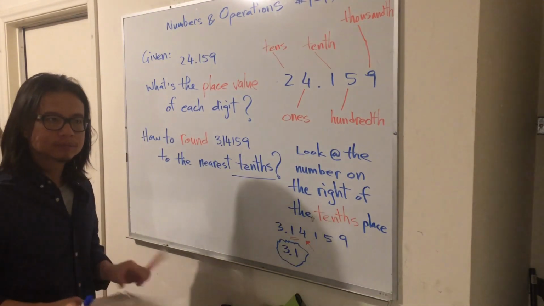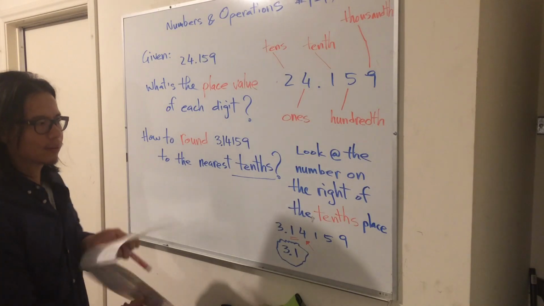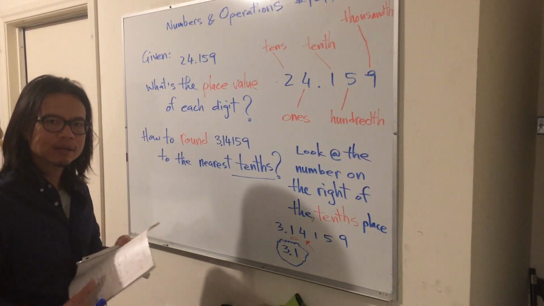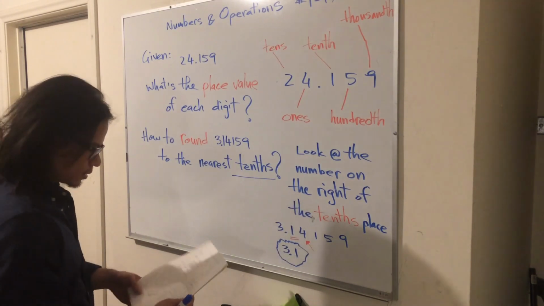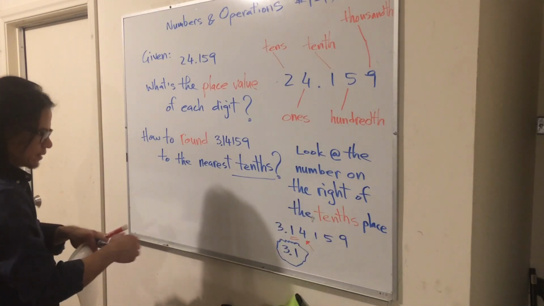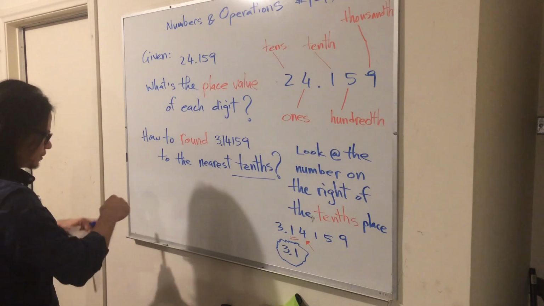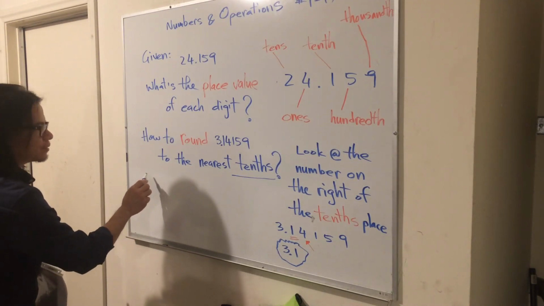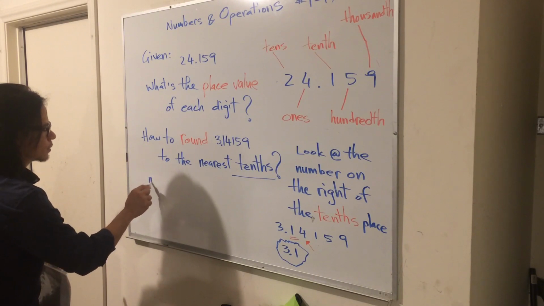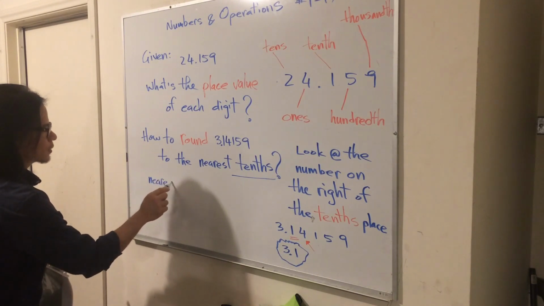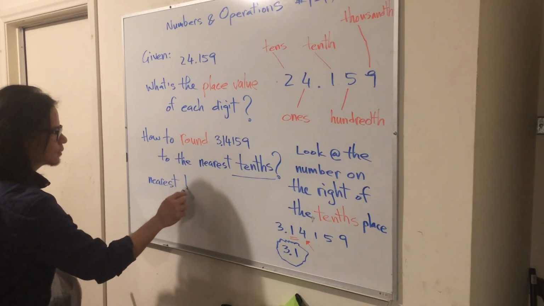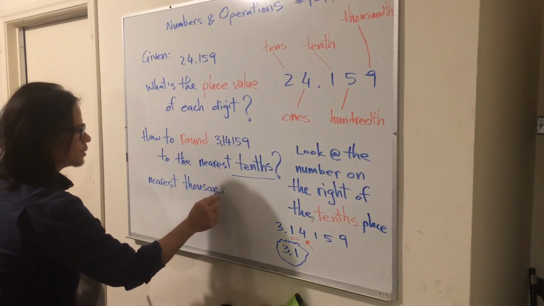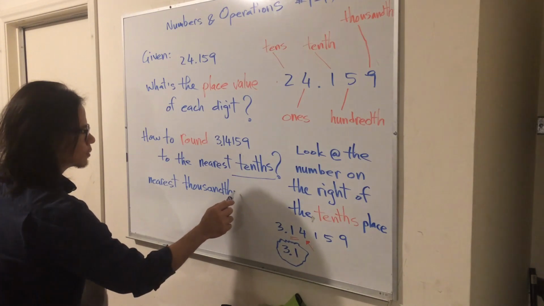Okay, so hopefully you understand that. Let's take a look at another example here. What if we wanted to round to the nearest thousandth place? Okay, so if you wanted to take this to the nearest thousandth, T-H-O-U-S-A-N-D-T-H.